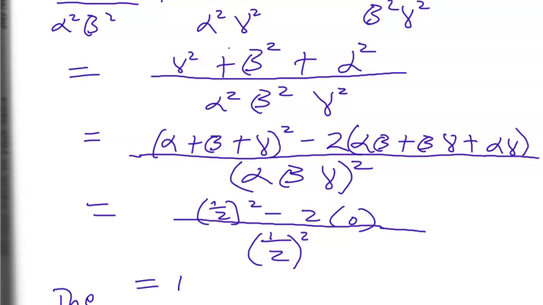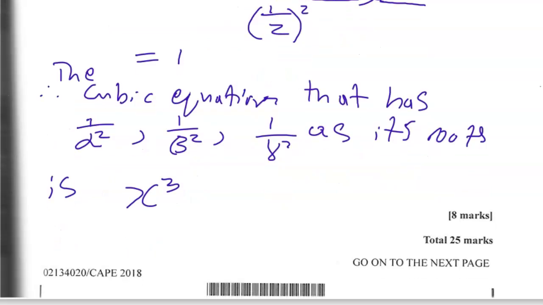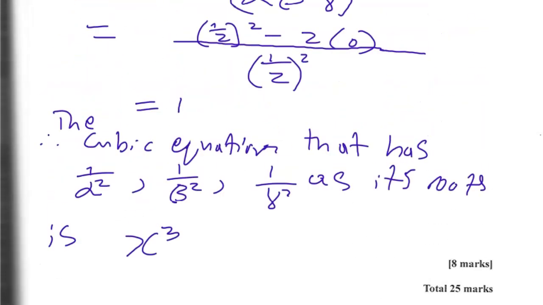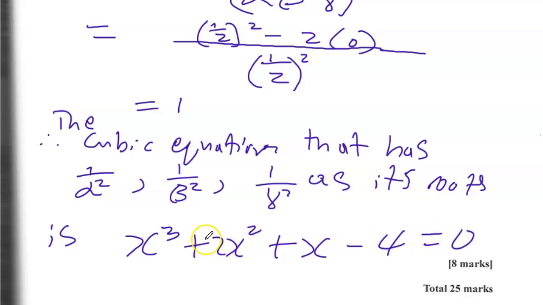So the equation would be x cubed plus 2x squared plus x minus 4 equals 0. The first bracket, the value was minus 2, so positive 2. The second bracket was 1, and the final bracket the value was minus 4. So this would be our solution.